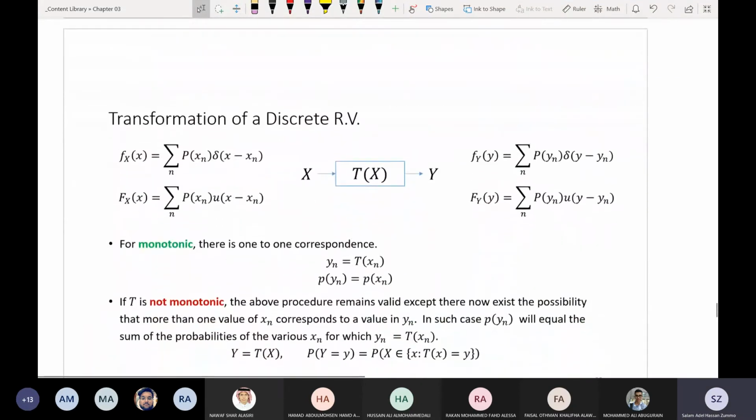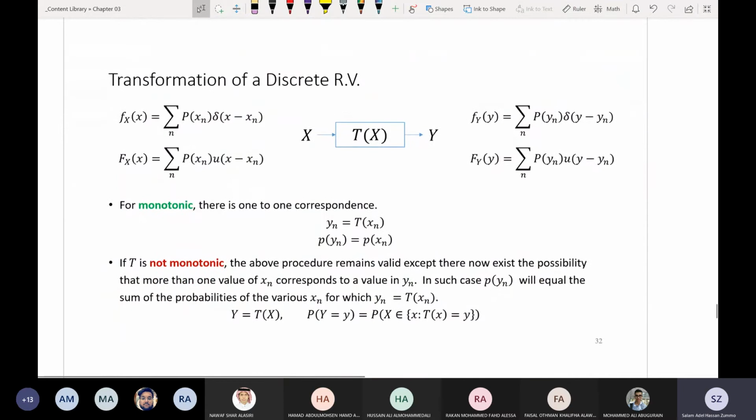Now, if we have a discrete random variable, it's easier to deal with, because the PDF is a set of probabilities.